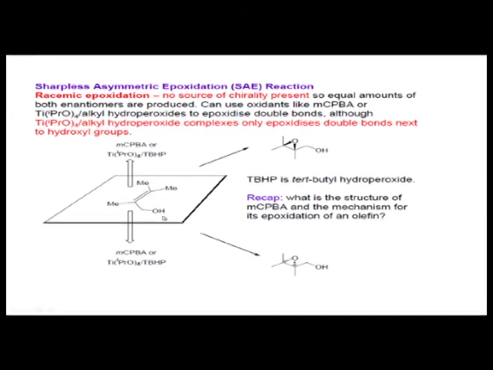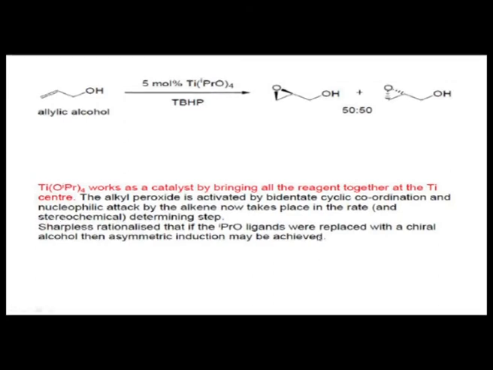Again I repeat, if you take this compound and do the epoxidation with either of these reagents, you get the beta epoxide and the alpha epoxide in equal amounts. Okay. If you do not have any chiral reagent, with t-butyl hydroperoxide you will get a 50-50 mixture of this.